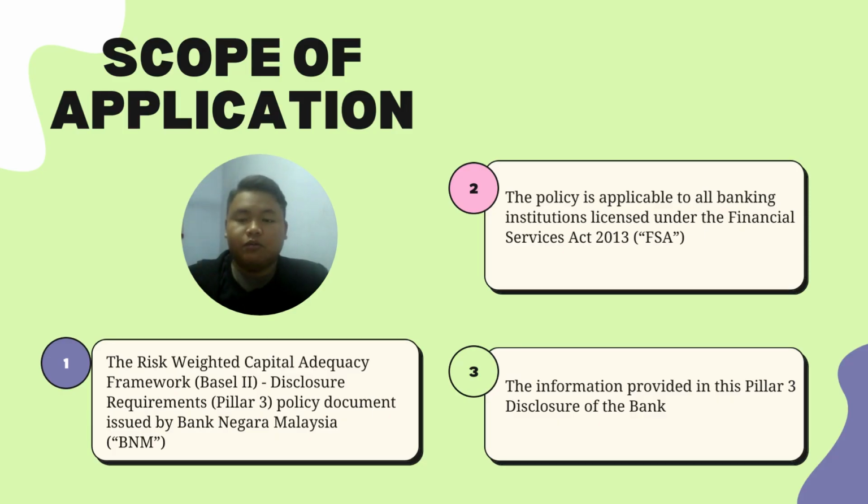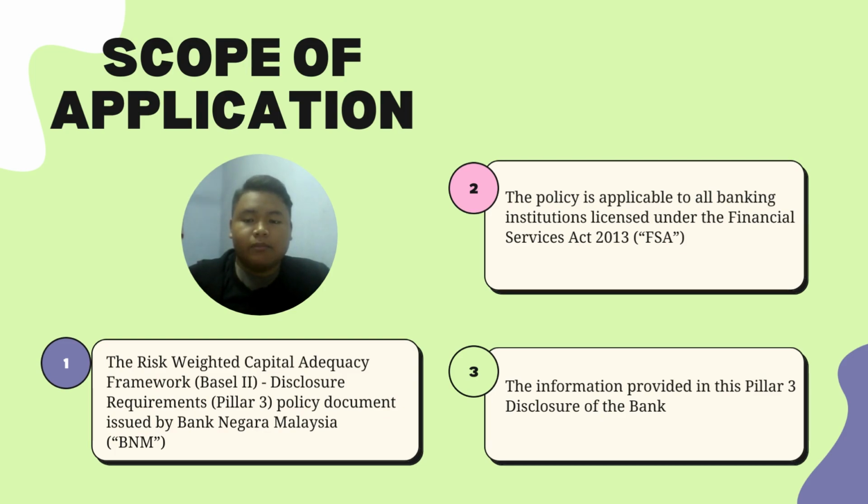My name is Muhammad Shafiq bin Hafidin and now I want to tell you about the scope of application. Number one, the risk-weighted capital adequacy framework, disclosure requirement policy document issued by Bank Negara Malaysia, aims to enhance the transparency of disclosure on the risk management practice and capital adequacy of banking institutions.